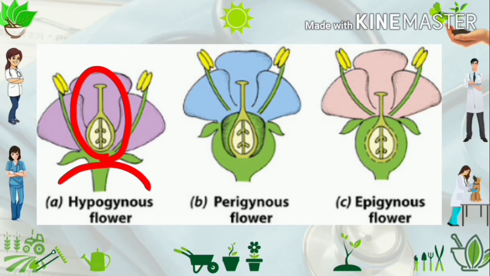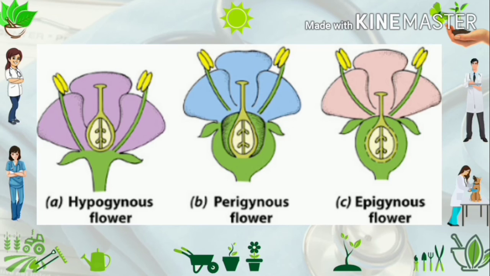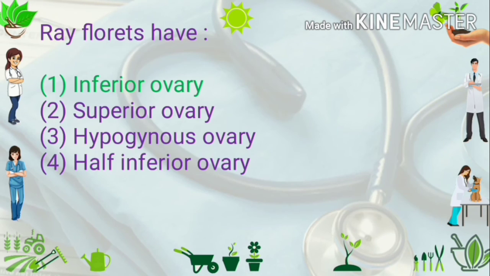Example, brinjal. In perigynous type, the ovary is half inferior and the thalamus is flattened, as in the case of peaches. In epigynous type of flowers, it has a flattened thalamus with an inferior ovary, as in the case of ray florets of sunflower. So the answer is inferior ovary.